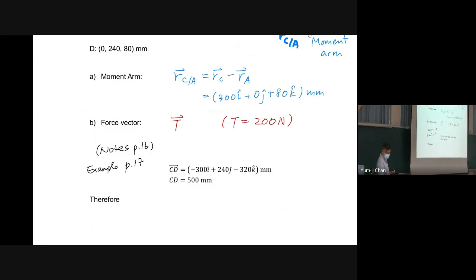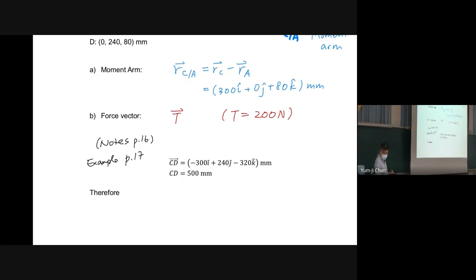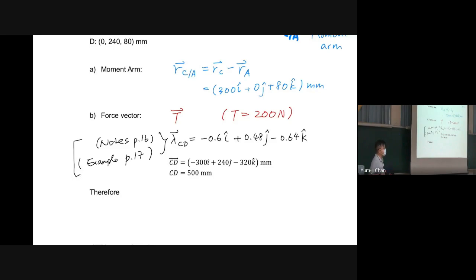Now to give you a summary, we want to determine the unit vector in the direction of CD, which, let me give you the answer, is 0.6 i plus 0.48 j minus 0.64 k. This is the unit vector in the direction of CD, and for how to determine this, please go to pages 16 and 17.